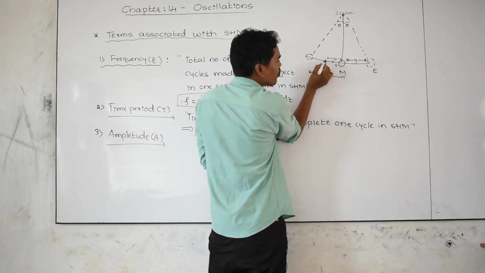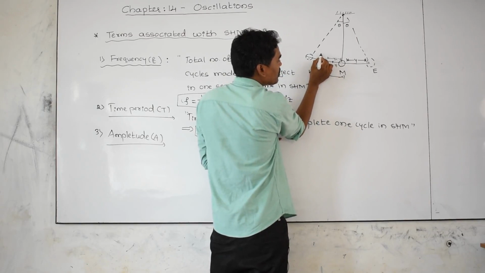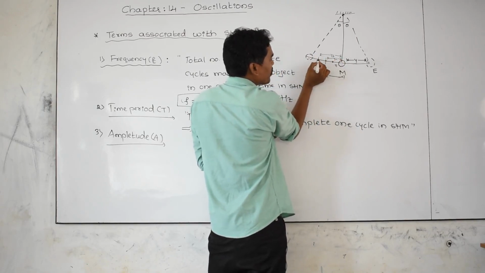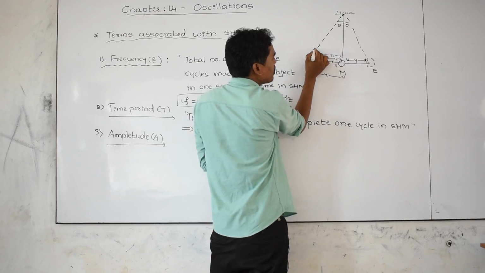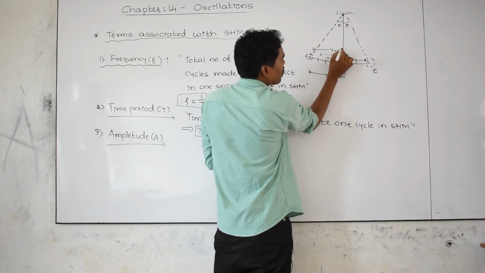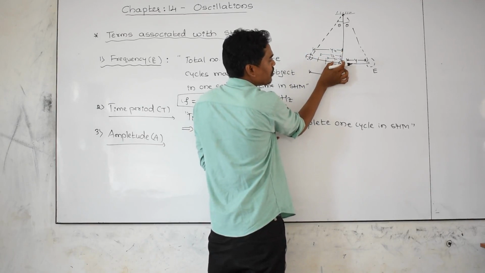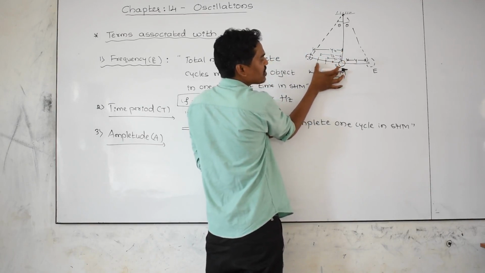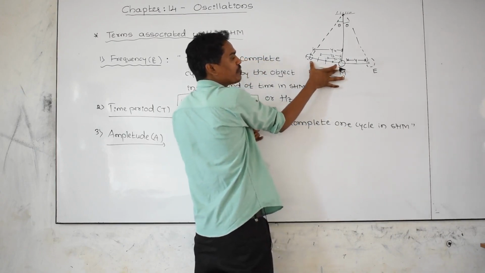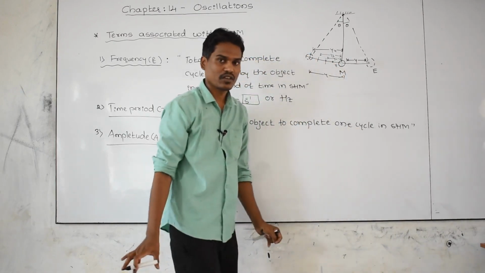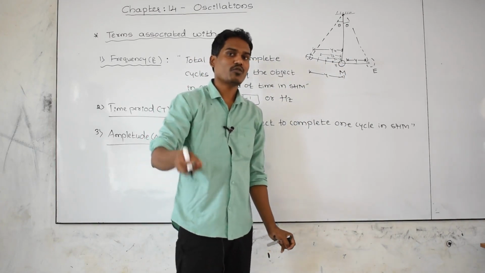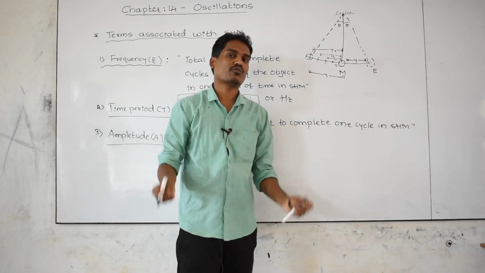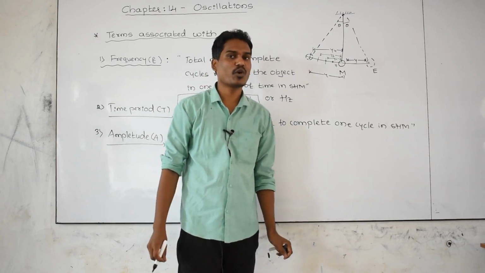And from here to here, this displacement I am taking as y3. And from here to here, this displacement is y4. y1, y2, y3 and y4 are all displacements from the mean point.